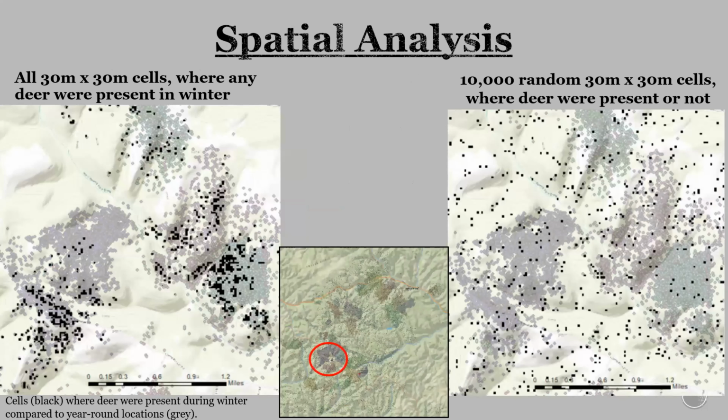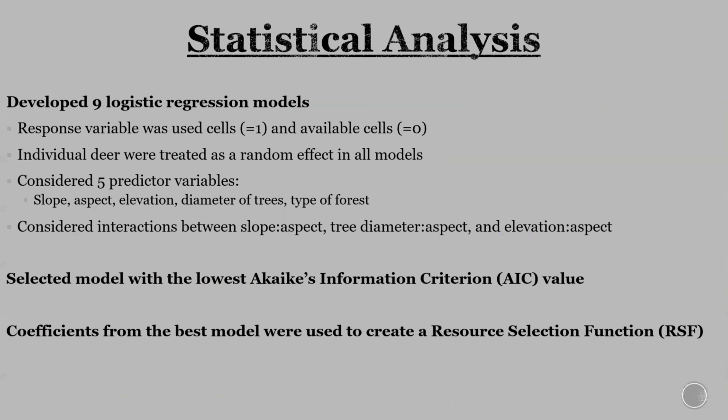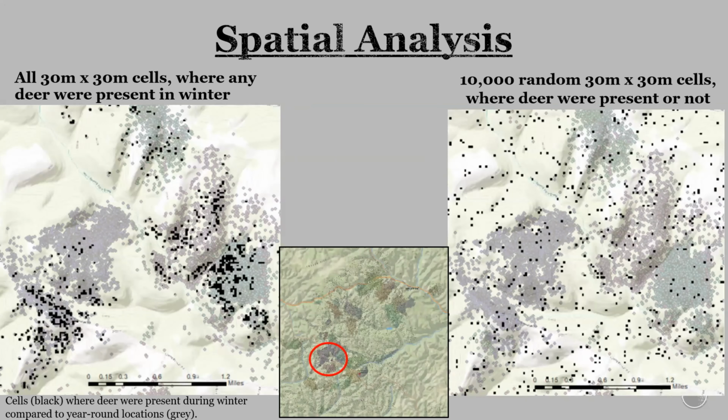So here's just an example of what those looked like. On the left are my black cells, which show only deer that were present during winter months. And then on the other side, I have all of my 10,000 randomly chosen cells, whether there were deer present or not.